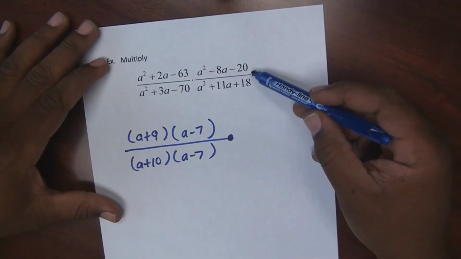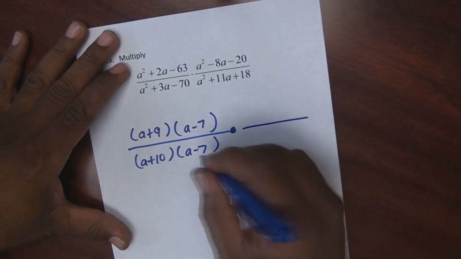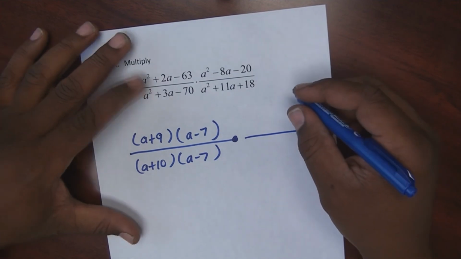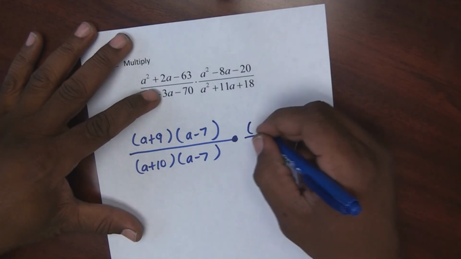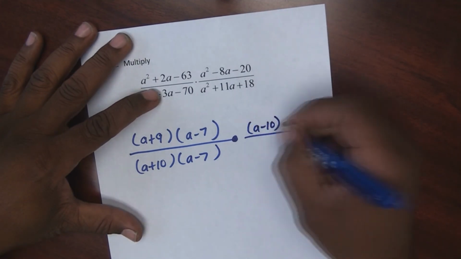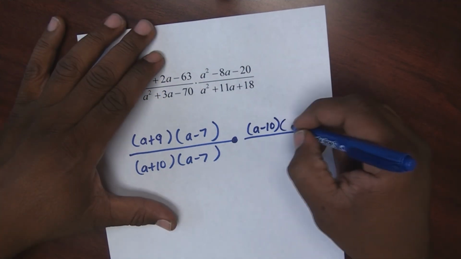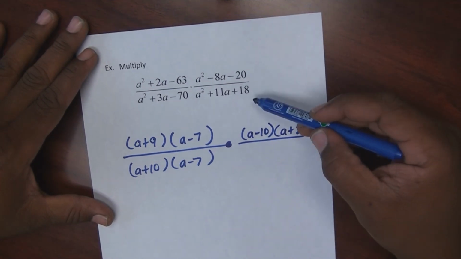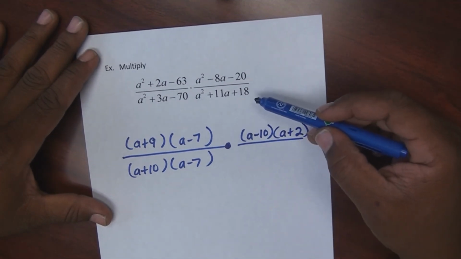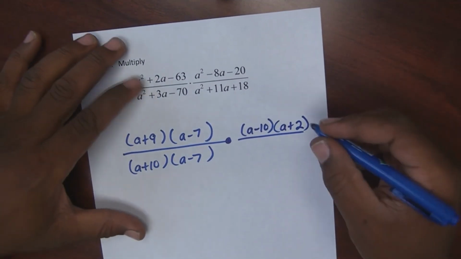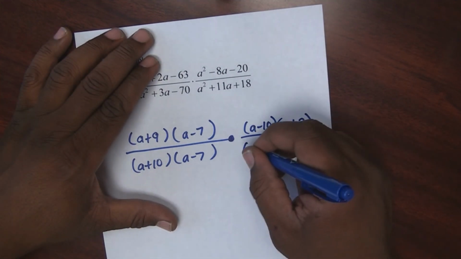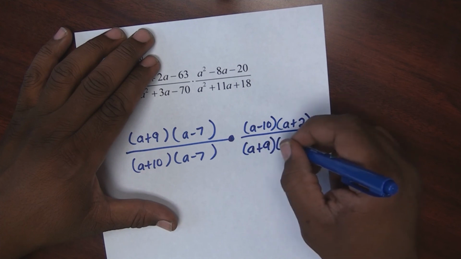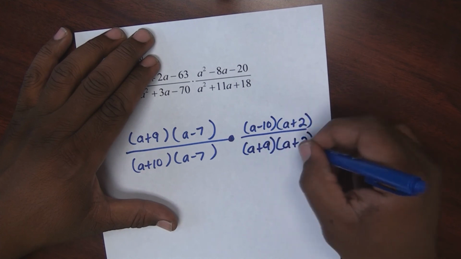I'll now factor the other numerator and denominator. We'll factor a squared minus 8a minus 20, and that factors to give us a minus 10 times the quantity a plus 2. And when I factor my last denominator, a squared plus 11a plus 18, we get a plus 9 times the quantity a plus 2.